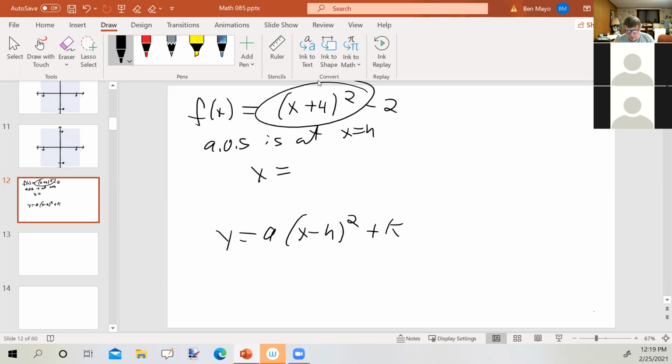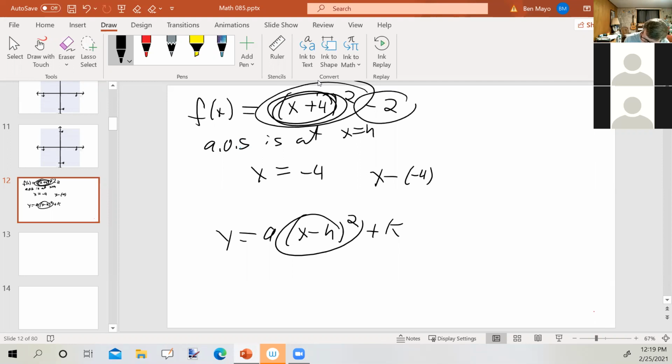Anybody? Well, it's negative 4, because to write this like this, it would be x minus negative 4. So it's the inverse of what's inside, but the same as what's outside. So the axis of symmetry would be at x equals negative 4. The vertex would be at (negative 4, negative 2).